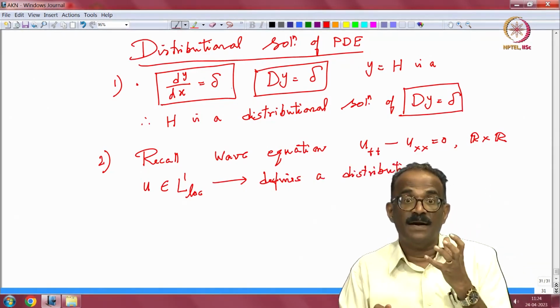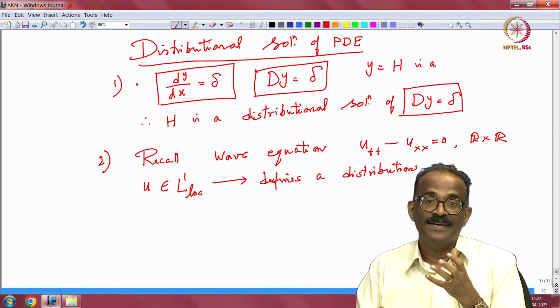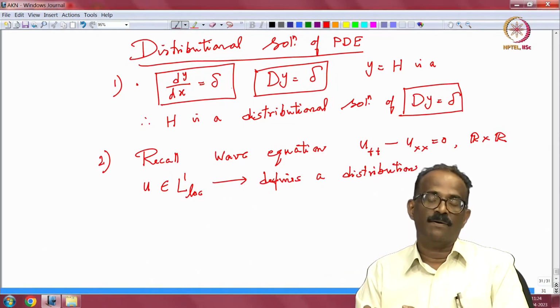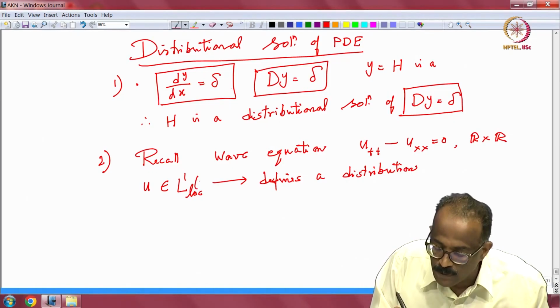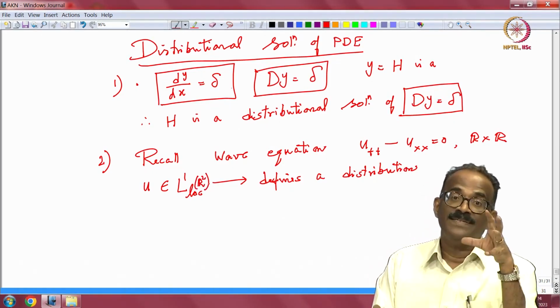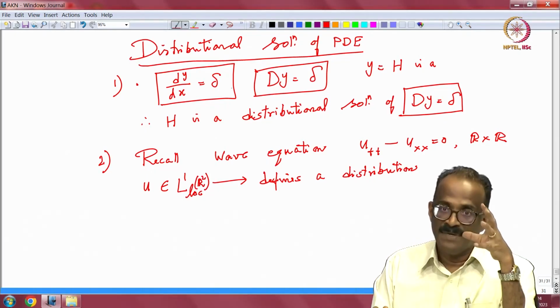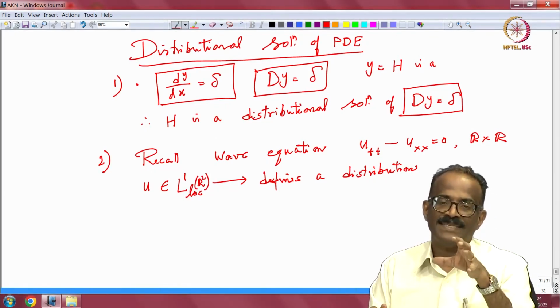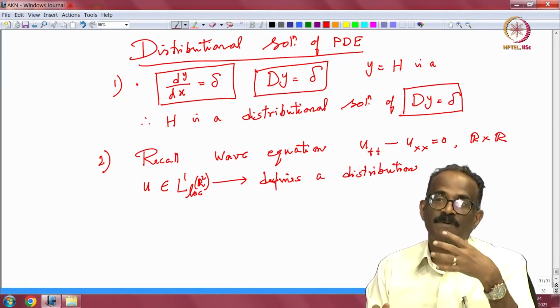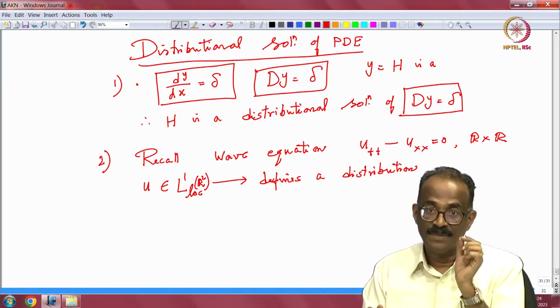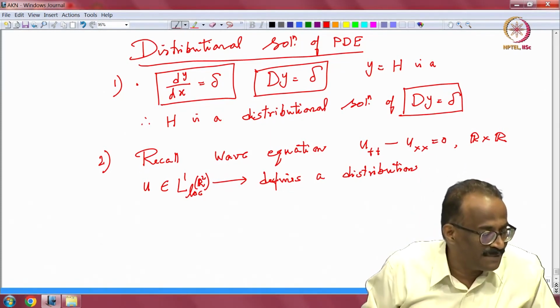Since u defines a distribution in R2, it is in L1 loc of R2. So, it is a two variable function. Once it is a distribution T_u, which I am not going to write as I said, then you can also define the derivative of it.